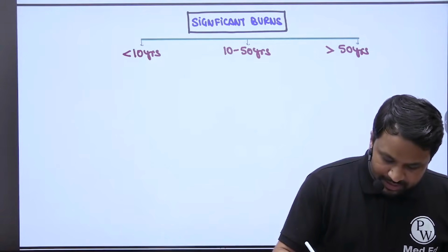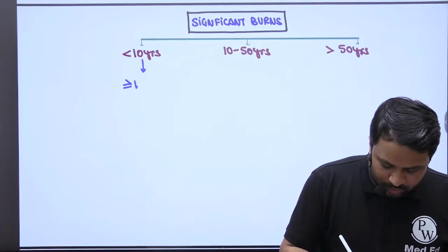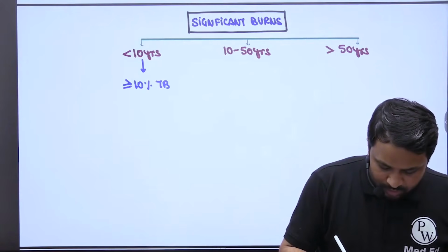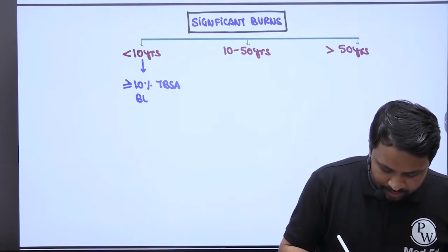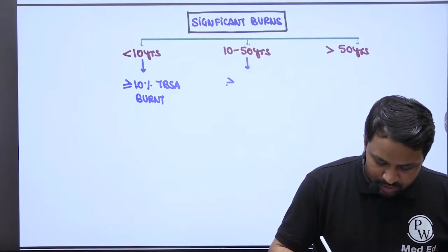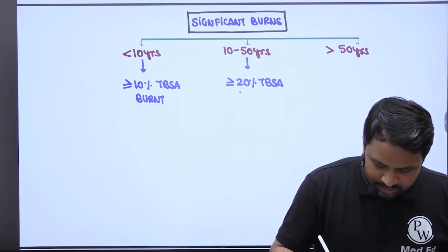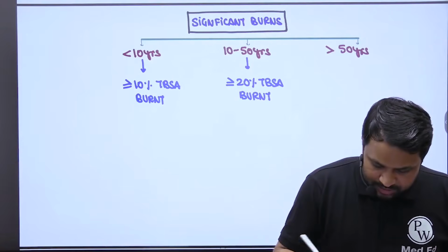Now, if it is age less than 10 years, if it is more than or equal to 10% of the total body surface area burnt, it is significant. For age between 10 to 50 years, it is more than or equal to 20% of the total body surface area burnt. It is significant.